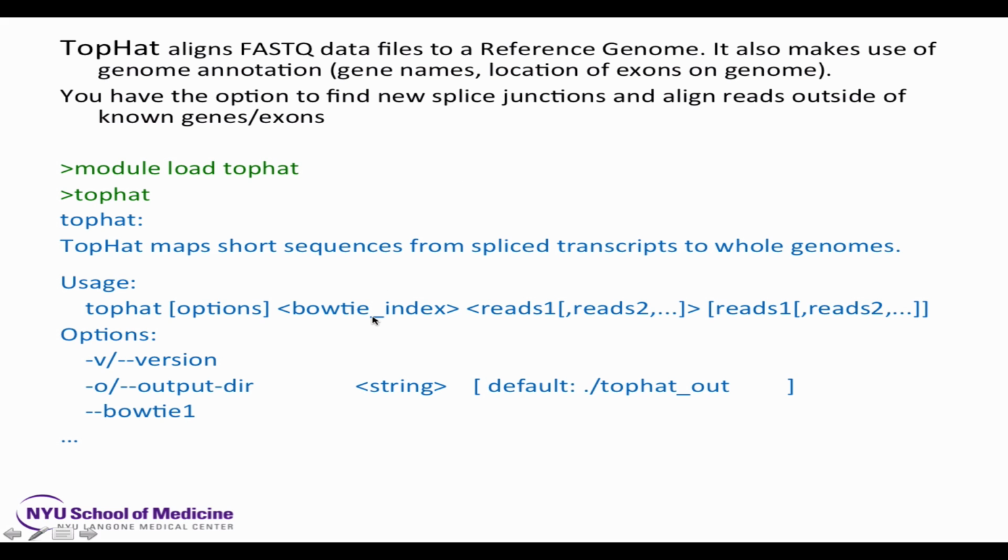Then you have to point to something called a bowtie index. In our case, that's going to be in iGenomes root, Homo sapiens, etc. I'll show you where that is in a second. Then you load the reads. In this case, we're just going to load one file, one FASTQ file, and map it.